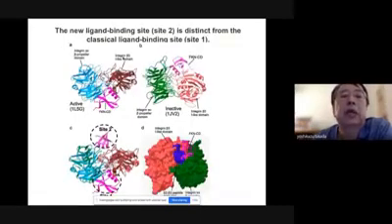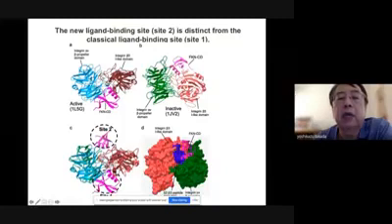As I already showed you on this slide, site 1 and site 2 are totally different, and what we know is that this peptide from site 2 can bind to fractalkine.